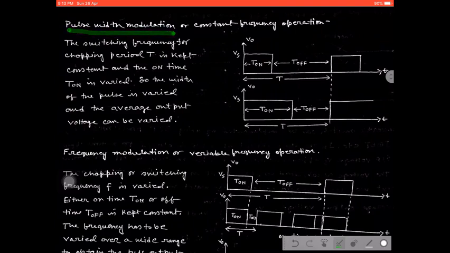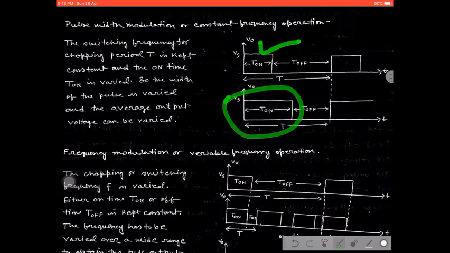Suppose we are giving the triggering pulse to the switch in such a manner that we will get this kind of output voltage, in which this is the on time and this is the off time, and the total cycle, on plus off, gives this one. Suppose we change the pulse width. Here the pulse width was this one. Now the pulse width is increased with respect to the first one. That means during the same duration, the time T, the pulse width has changed.